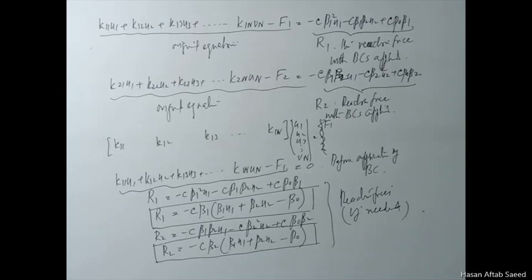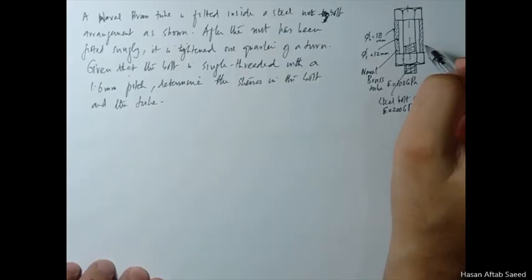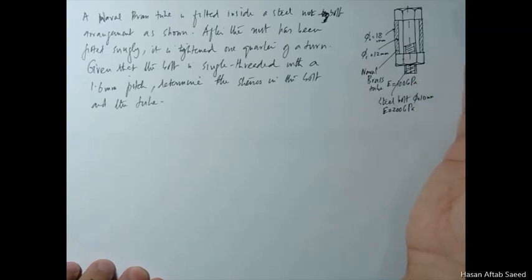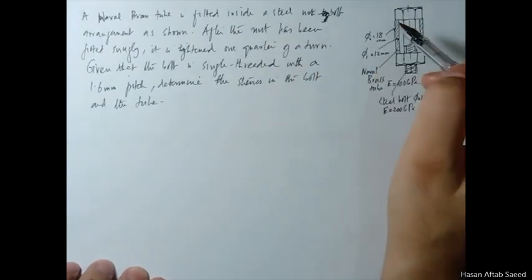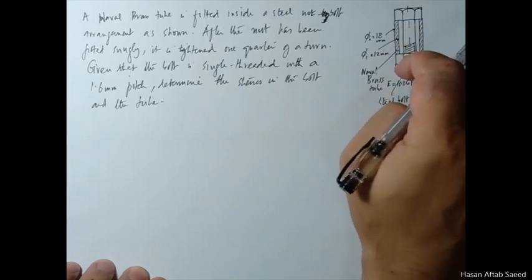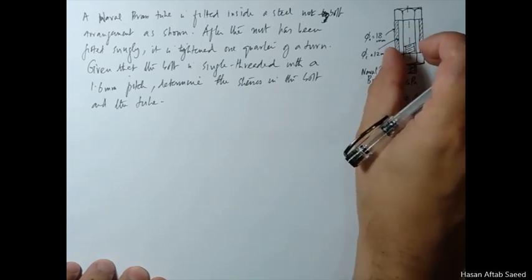Now we reinforce our learning, whatever we did, by applying it to a concrete problem. A naval brass tube. Naval brass is just a kind of brass, so nothing to worry about. A naval brass tube is fitted inside a steel nut and bolt arrangement. The nut and bolt are of steel, and you have a tube inside.